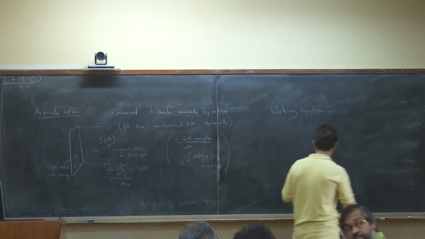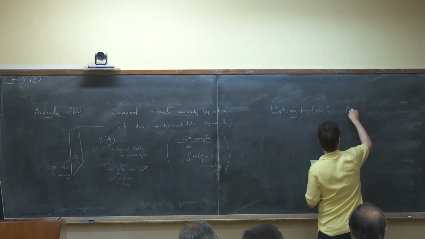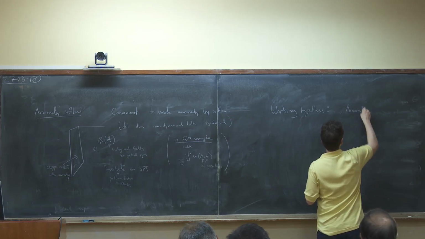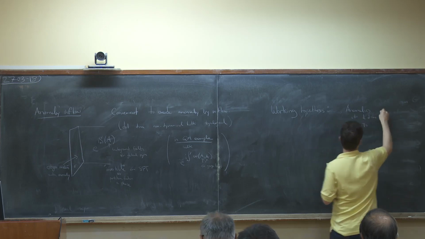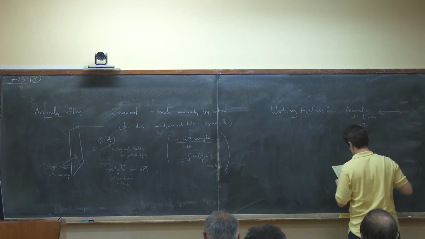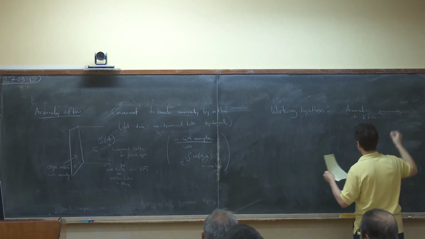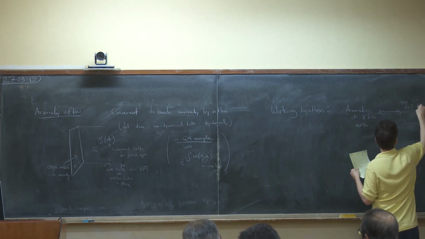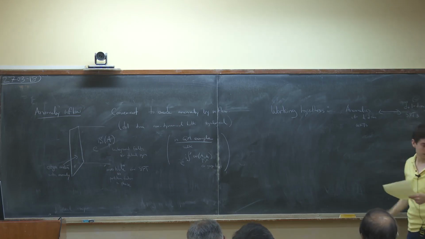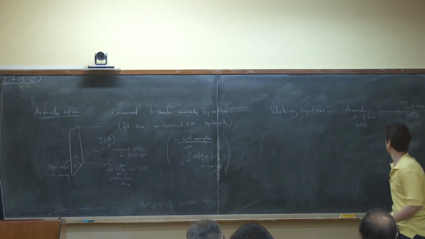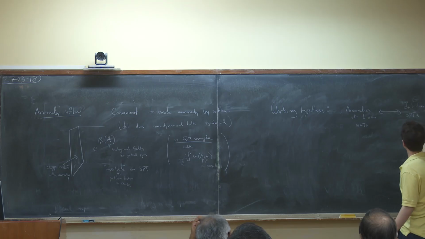Okay, so the working hypothesis is that anomalies of d-dimensional quantum field theories are mathematically the same, as this inflow picture suggests, as (d+1)-dimensional SPTs. And when I say that there is a math problem that's solved, what I mean is that this side is completely mathematically understood.